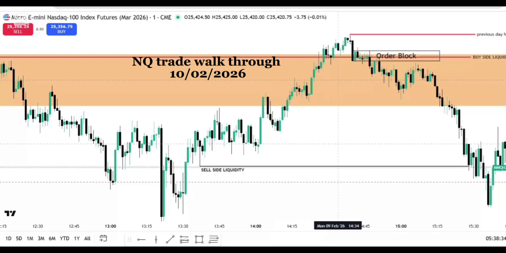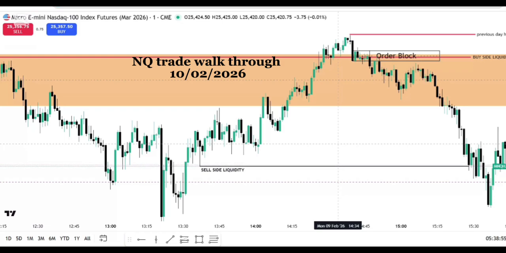I'm back again with a trade review. This was Nasdaq 100, which I took yesterday during the New York PM session.